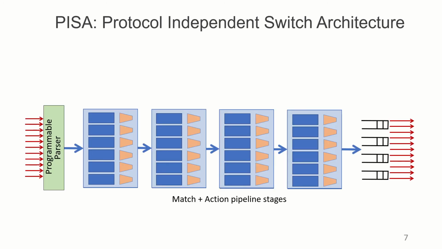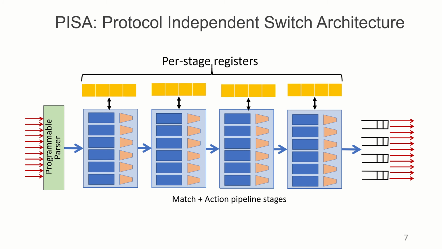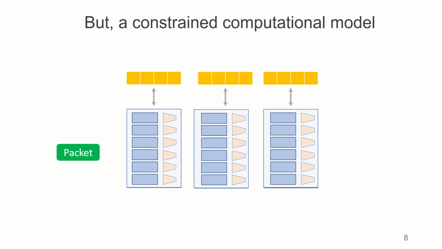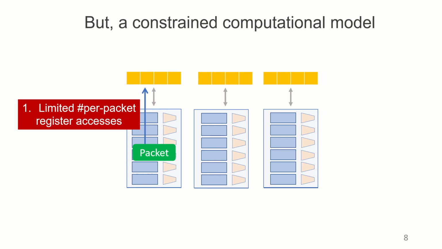In P4 pipeline, there are several match action stages, and each stage has its own registers. We can design each stage to process the packets as we want, but there are some constraints. First, when the packet arrives at one stage, it can only access a limited number of registers.